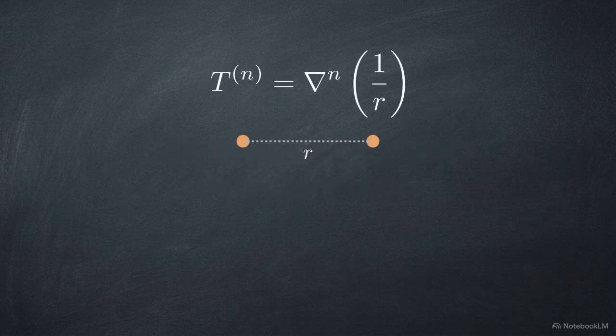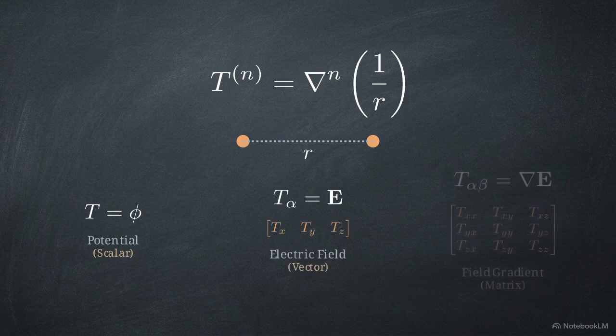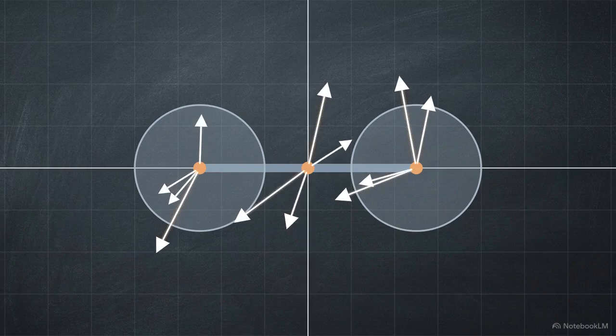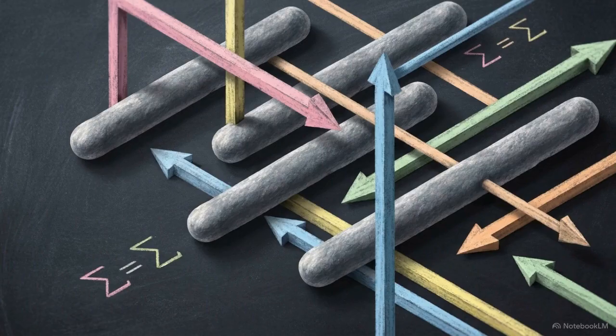T-tensors are the Cartesian spatial derivatives of the distance between particles. The zeroth derivative yields potential, the first yields the electric field, and the second yields the field gradient. These tensors allow the engine to map the exact directional vectors of forces between molecules in three-dimensional space.